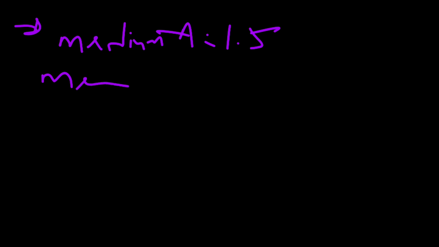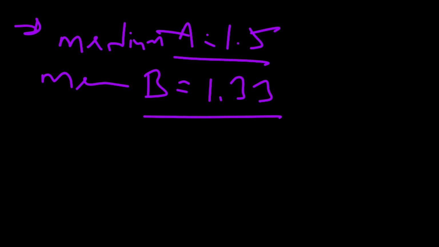So let's see one more problem. The refractive index of medium A is 1.5 and the refractive index of medium B is 1.33. Which medium is optically denser? If the refractive index is higher, then that medium is optically denser.